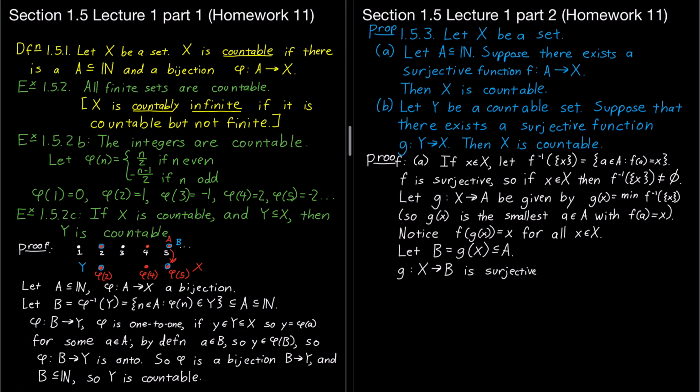And it has to be one-to-one. If g sent x and z to the same number, then this statement could not be true. Then f of g of z would have to equal f of g of x, so it couldn't be both z and x.